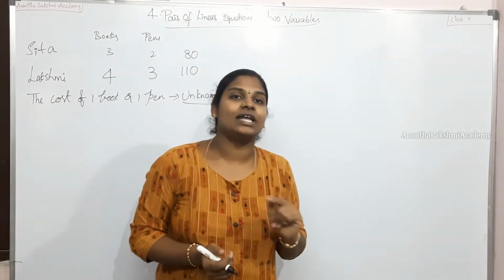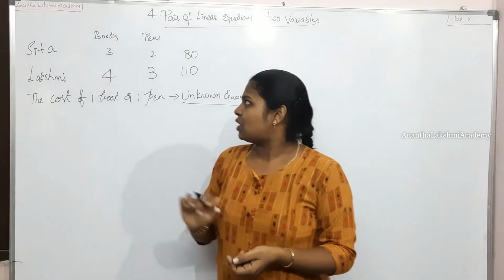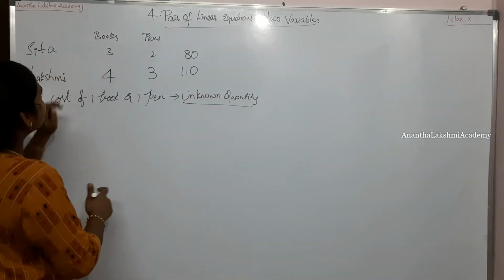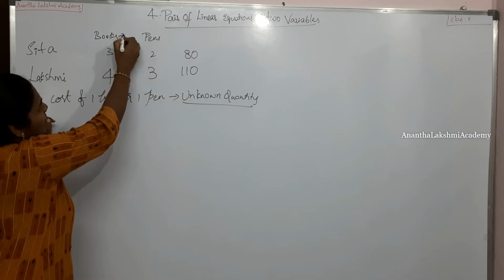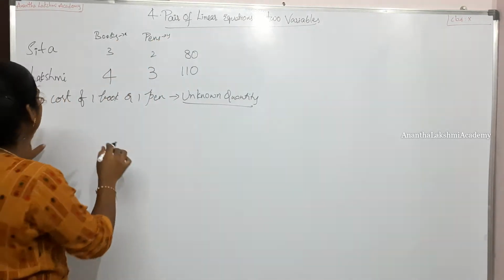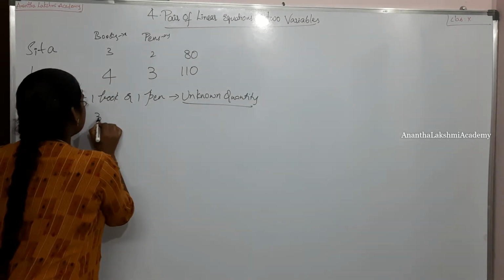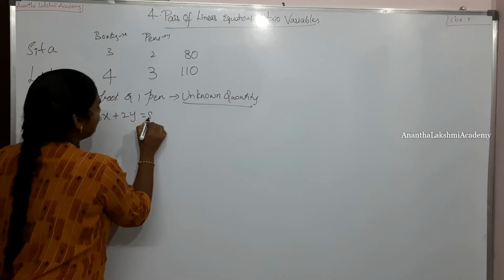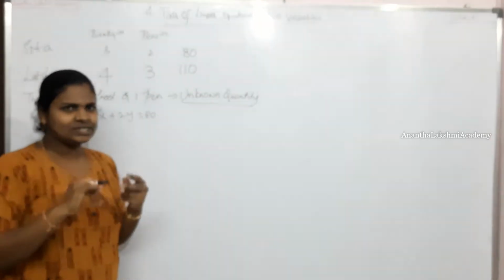Now let us try figuring out how we do this. Say for suppose, let the books be X and pens be Y. So Sita has 3X plus 2Y is equal to 80. Let us try to guess.